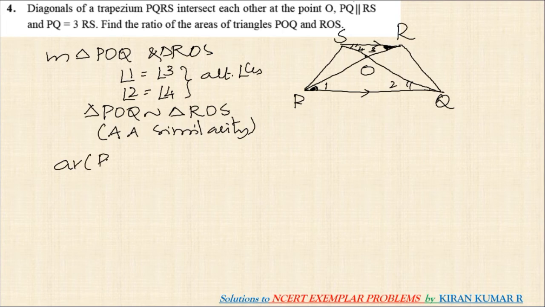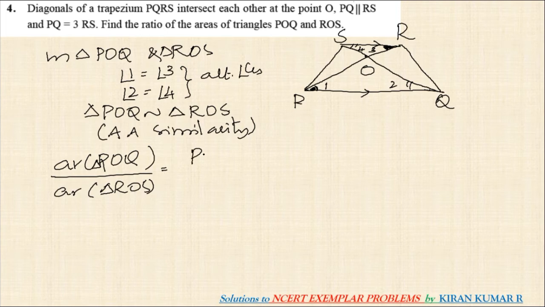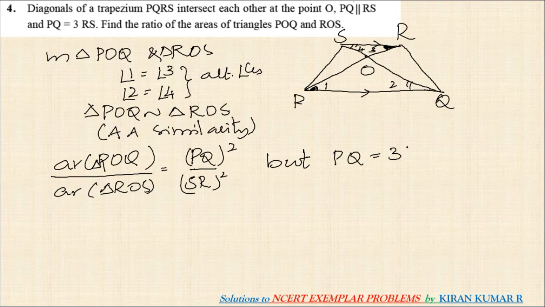So area of triangle POQ upon the area of triangle ROS will be equal to square of the corresponding sides, PQ square upon SR square. But they have given that PQ length is 3 times of SR. It is given.